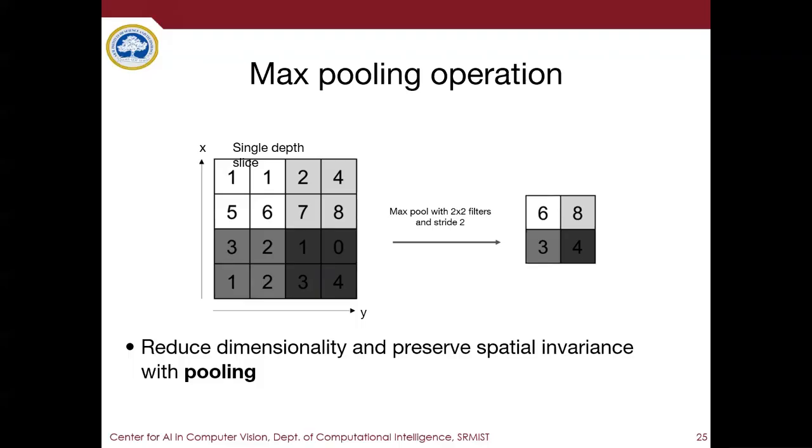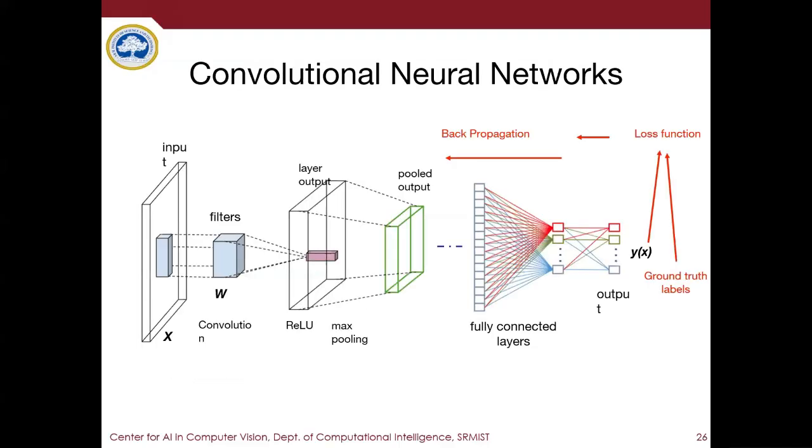This is just a sample of a smaller dimension, but in practice it will be in a very high dimensional space. By doing this compression you reduce the dimensionality while keeping the spatial variance in the corresponding regions. So this is the pooling technique.